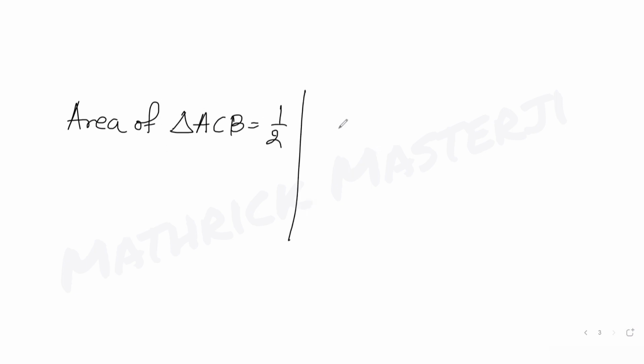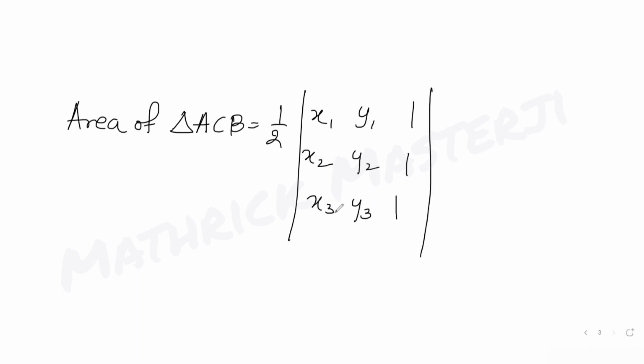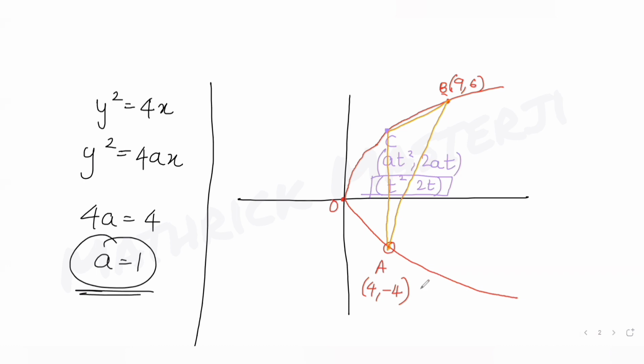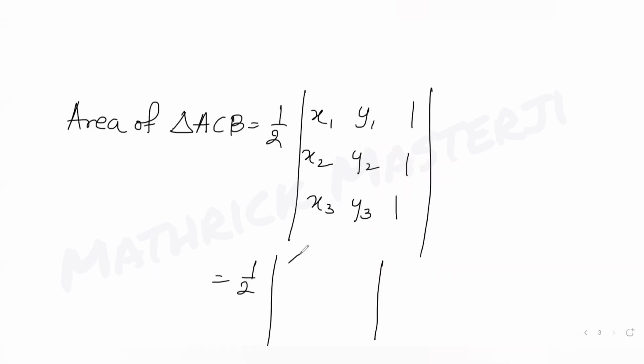To find it, first I apply the idea of area of a triangle from coordinates. I can find the area of triangle ABC by half times the determinant of x1 y1 1, x2 y2 1, x3 y3 1, where (x1, y1), (x2, y2) and (x3, y3) are the coordinates of A, B and C. So half, then 4, -4, 1, then 9, 6, 1, and my third coordinates were t square, 2t and 1.